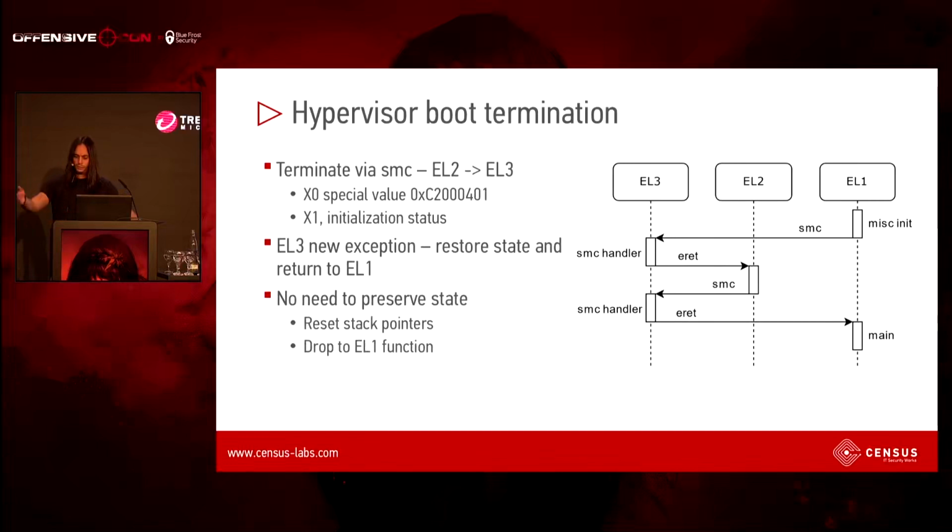Since we perform an additional SMC, we now have an additional exception frame, so to continue from the previous state, we have to restore the exception frames. But since our framework is minimal, we do not require to preserve any information, so we can reset the state by dropping stack pointers and drop to a new EL1 function, which in our setup is the EL1 main.